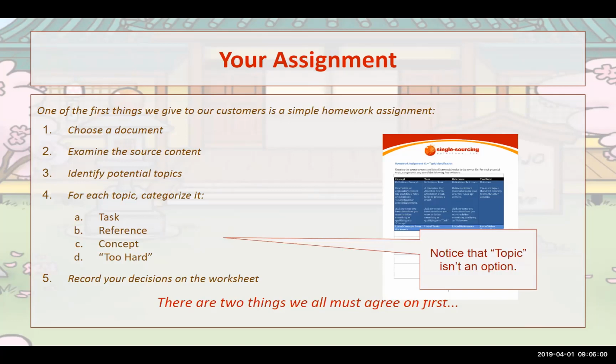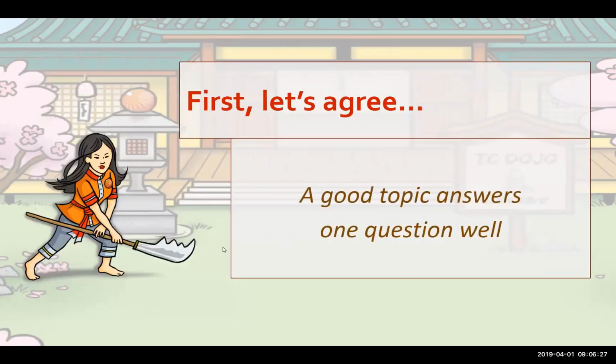Even if you are printing the whole document and then tearing it apart and piling it physically on a table, any method that works best for you is an okay method. It is absolutely appropriate because this is you learning how to digest and reassess your content, right? So you're going to record your decisions in some way. But one thing we have to agree upon first, right? And this is why there is too hard.